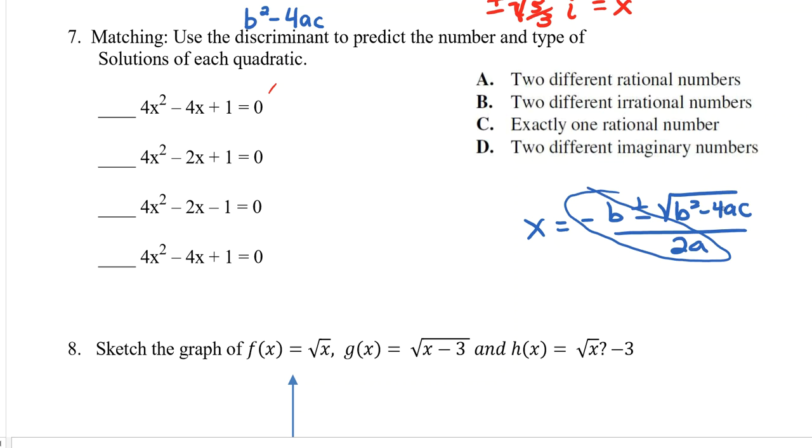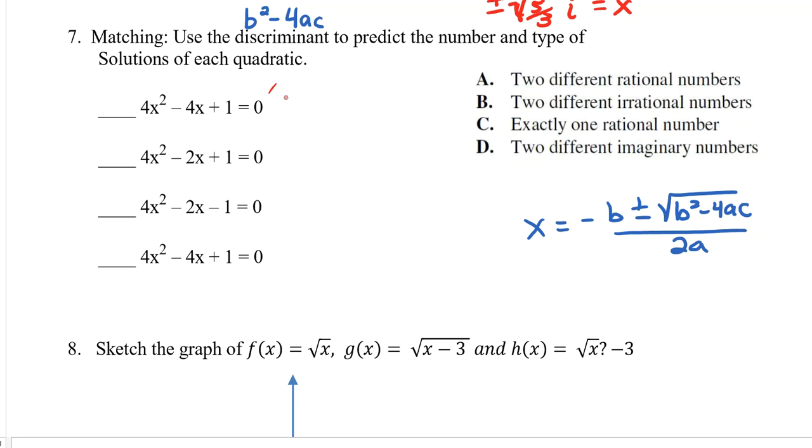If the discriminant is a perfect square, then the radical would go away and we'd get 2 rational numbers. And if the discriminant is a positive number but not a perfect square, then we're going to get 2 irrational answers. So let's go through each of these and see if we can clarify.